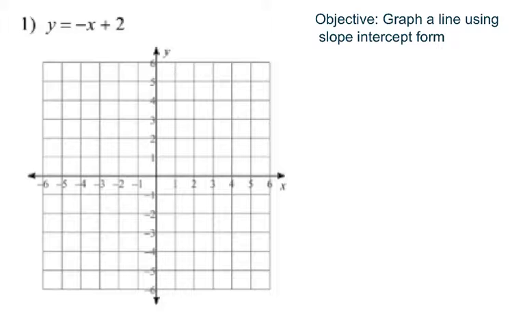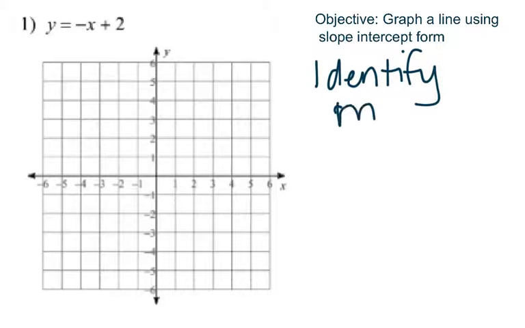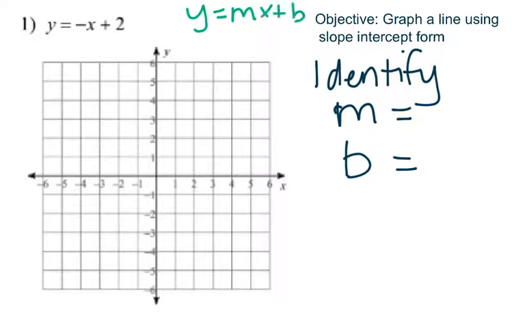These are the problems that go along with the PDF in the Google Classroom. So the first thing we need to do to graph this line is we have to identify our slope, and we have to identify our y-intercept. So remember, our slope-intercept form is always y equals mx plus b.